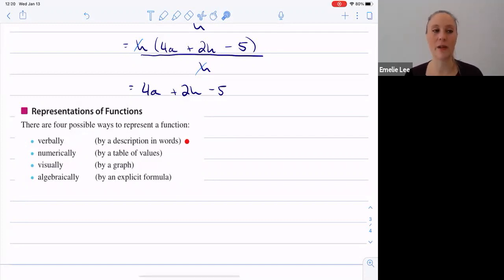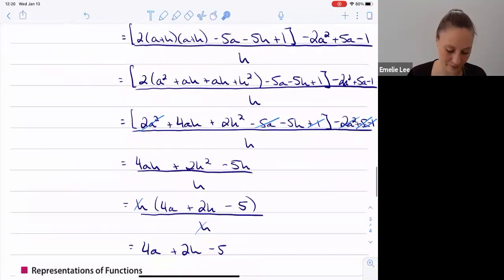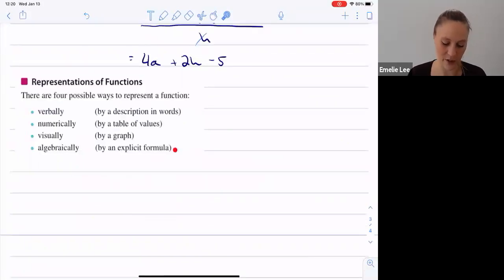So we can describe functions in words. We can give a table of values. I think that's a little bit beneath us at this point, right? We've already talked about functions numerically, algebraically I should say, but also visually, which we've already seen.